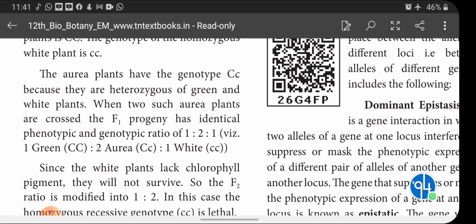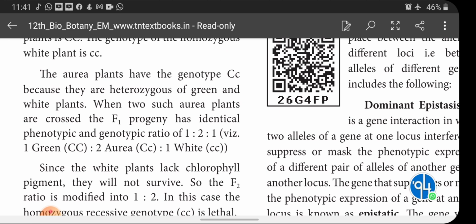Among these, the white plant does not contain any chlorophyll, so it cannot do photosynthesis, and the white plant will die. This is due to the lethal gene small c, which is recessive in trait.